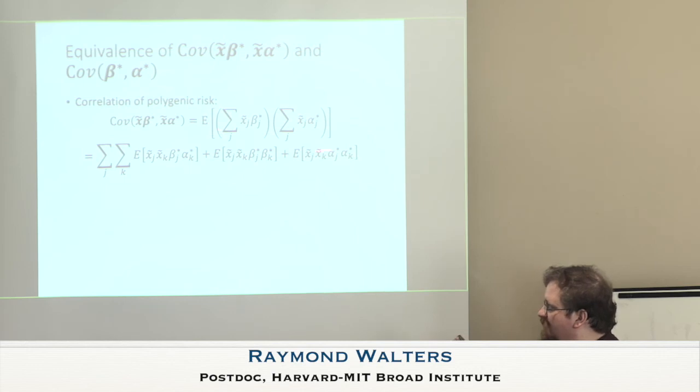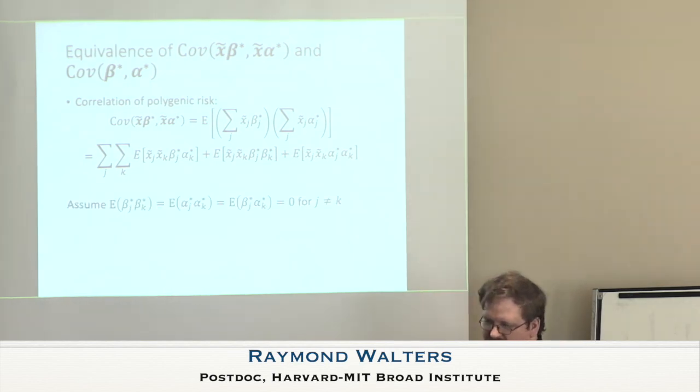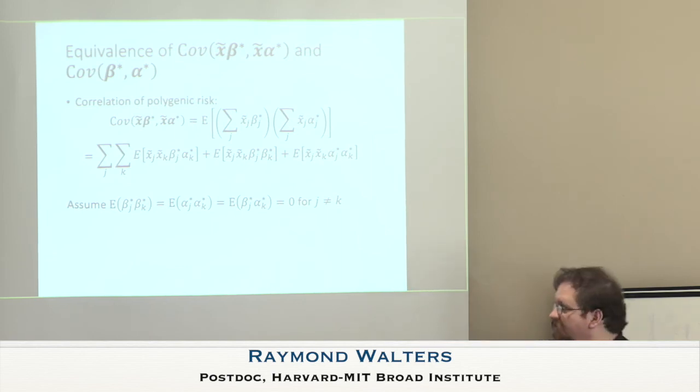And so with the mean 0 expectations, that correlation just breaks down into a set of cross products for the correlations of each of those terms. And we're going to make the strong assumption here that essentially all the cross terms are 0 in expectation.